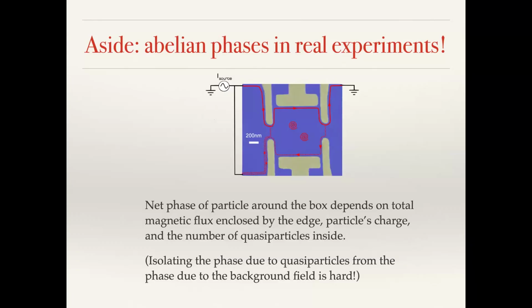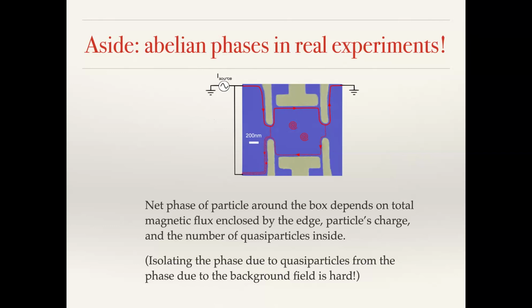Okay. Now, when you work this out, you see that the net phase of the particle that went around the box relative to the one that didn't depends on the particle's charge. So it depends on the total magnetic flux in this box. So it depends on the area of the box. And obviously it depends on the particle's charge.